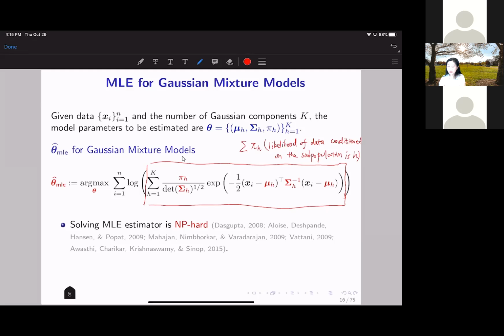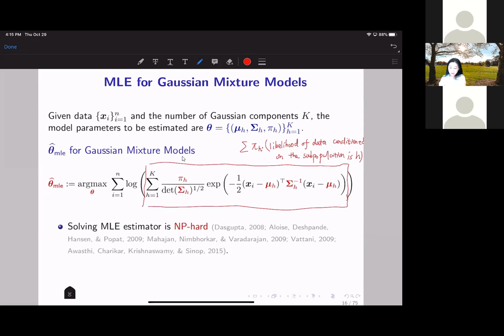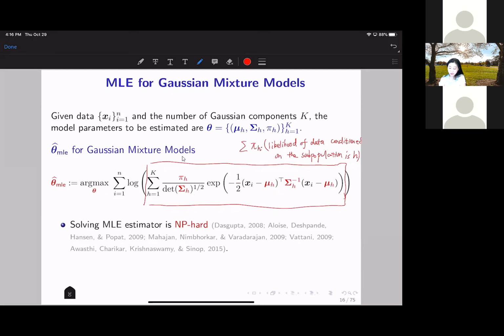What's in this red box here is the summation of pi h multiplied with the likelihood of the data conditioned on the subpopulation being h. So what this is saying is the likelihood of the data that are within the subpopulation h. Does that make sense? Then you multiply that with pi h, and you sum over all subpopulation groups.